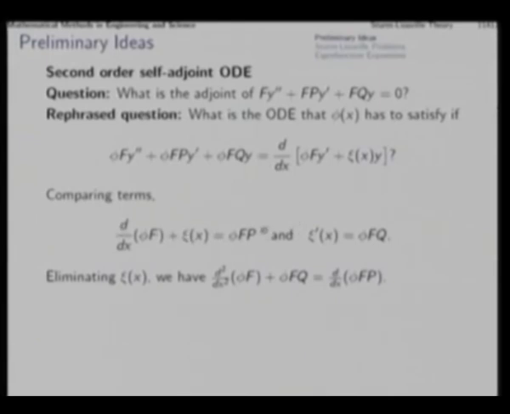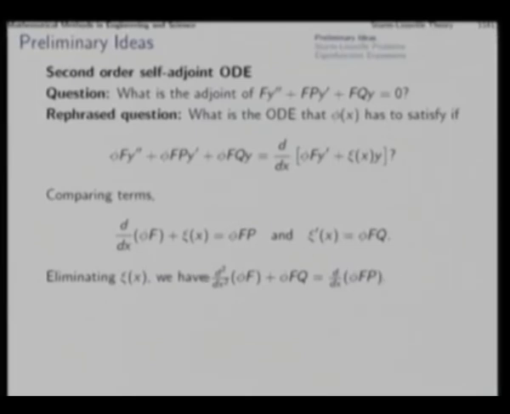So, we differentiate this, and where xi prime appears we insert this. Okay. So, eliminating xi, we differentiate this, we get the second derivative of phi F plus xi prime, in which place we insert this, is equal to the derivative of this, which is this.